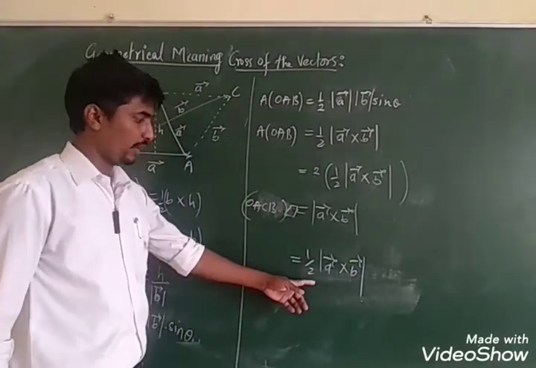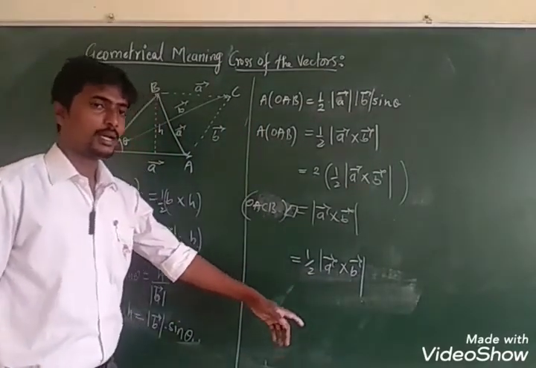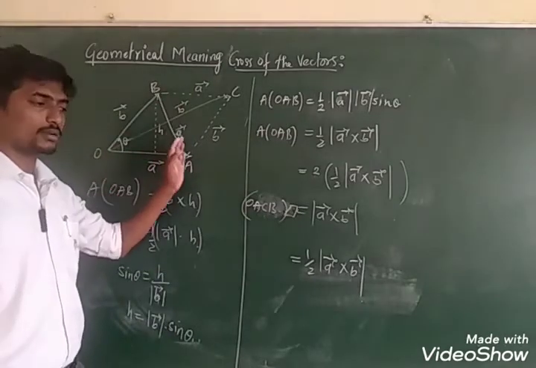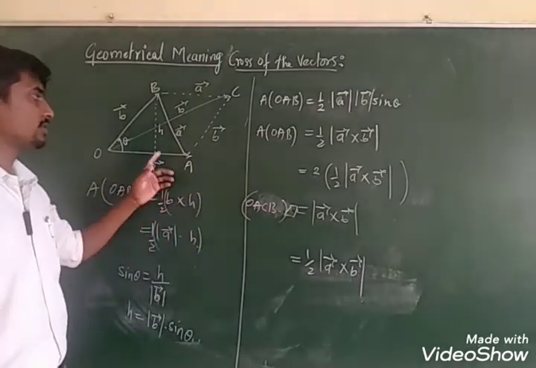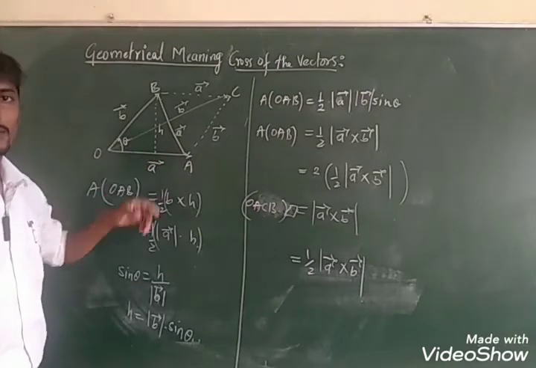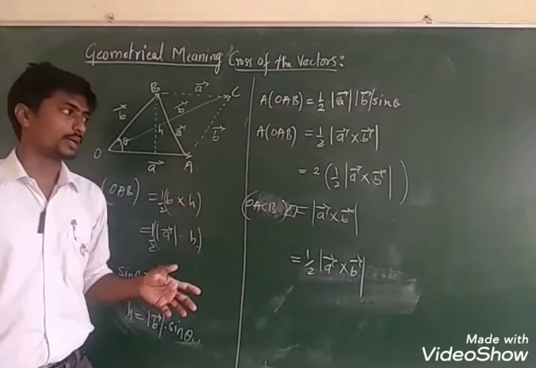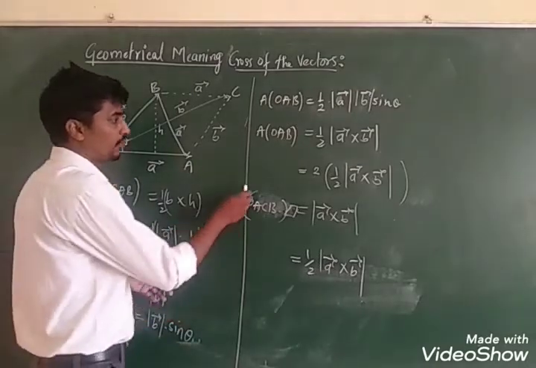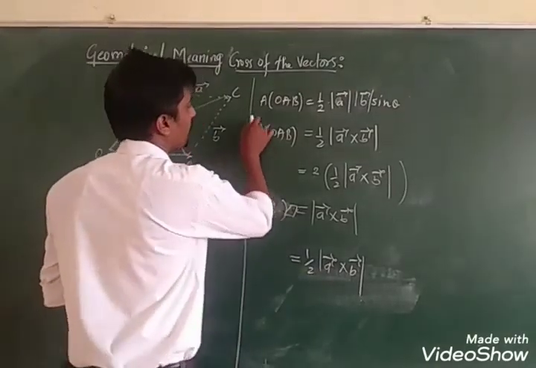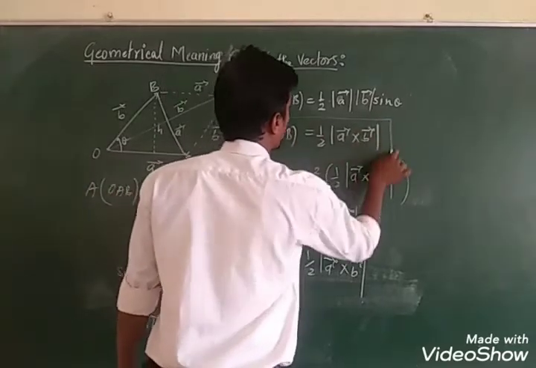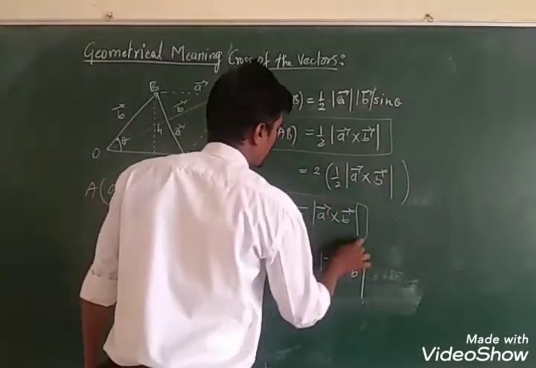So this formula is for when the vectors act along the diagonals of the parallelogram, and the earlier one is for when the vectors act along the sides of the parallelogram. So note down the geometrical meaning of the cross product of the vectors. These are very important.